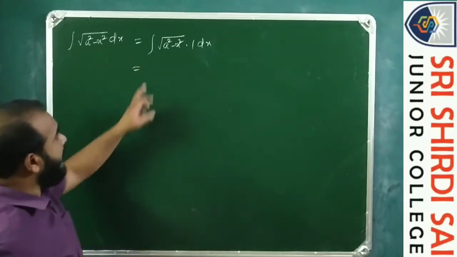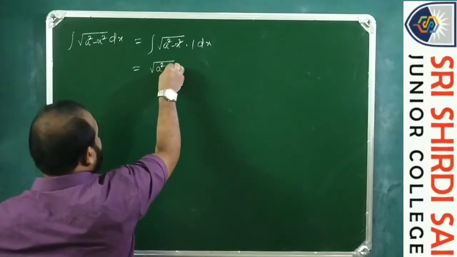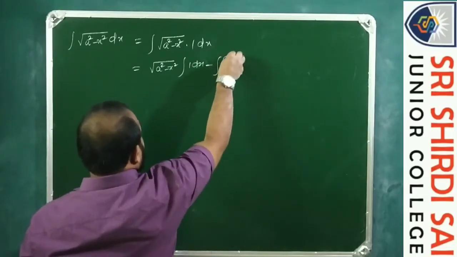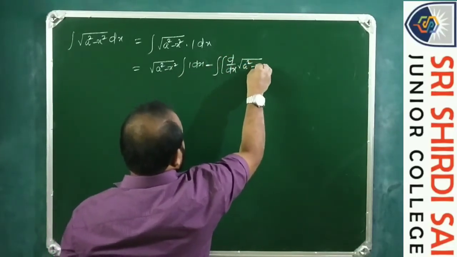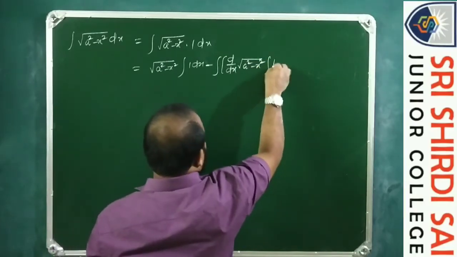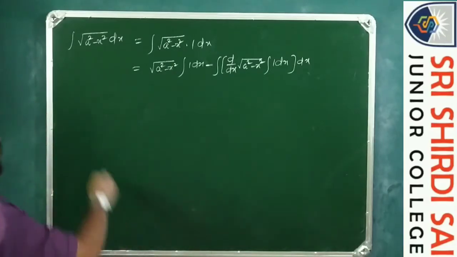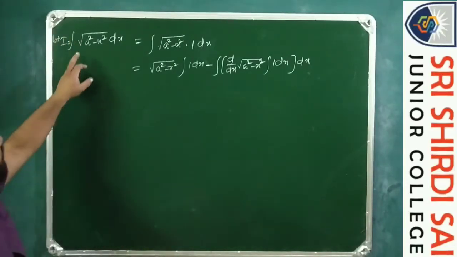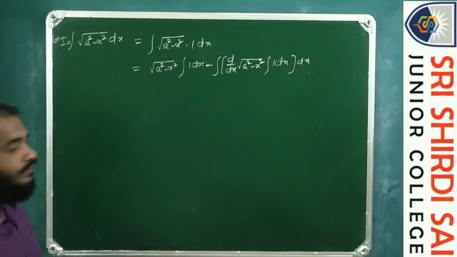So according to by parts, first function into integral of second function dx, minus integral of d by dx of first function into integral of second function dx, whole dx. First and foremost, let us take this to be I, because this function is going to be repeated.